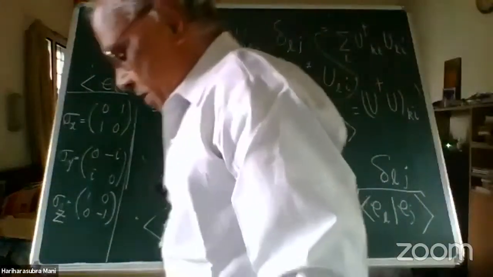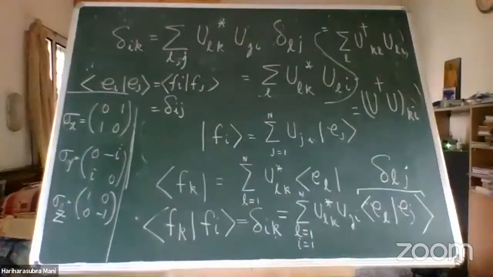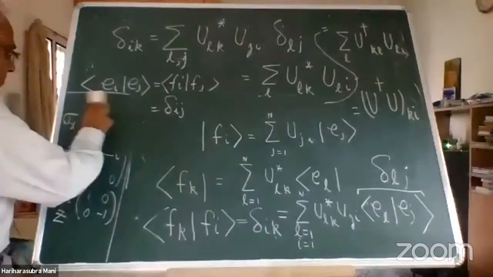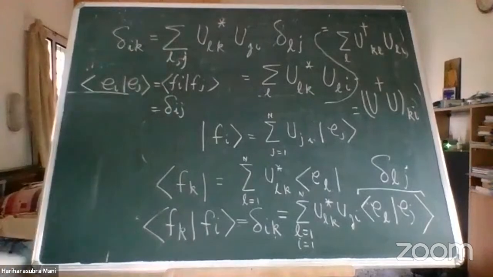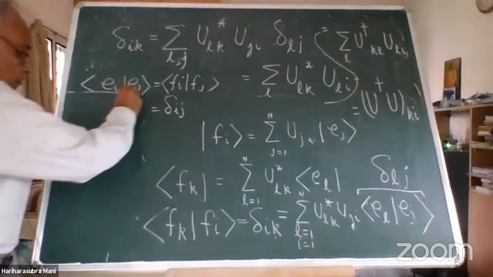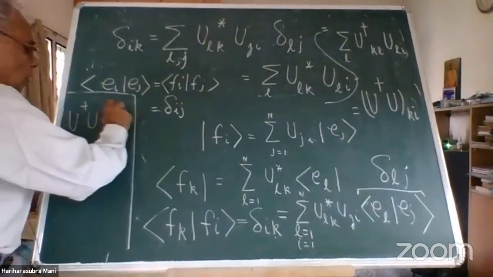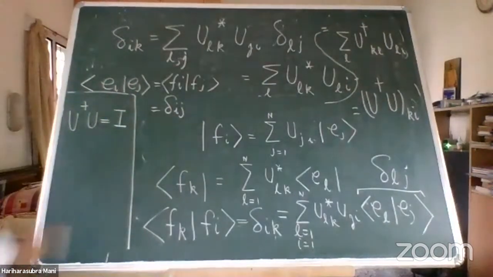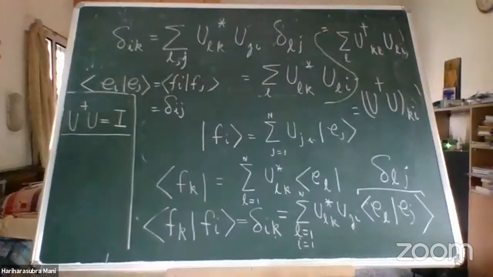So I have proved the result after doing all this algebra. U dagger U is equal to I. Only when i equals k, this is an identity operator, and this is what is the unitary operator.